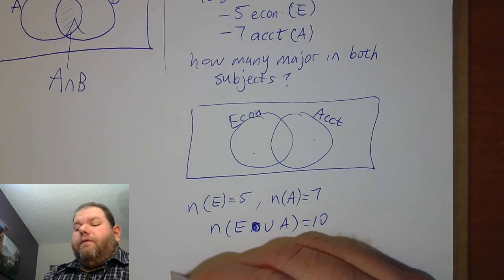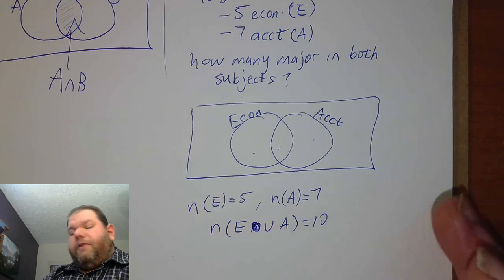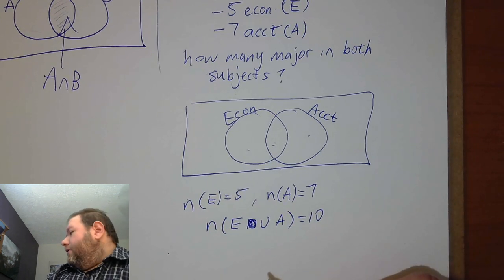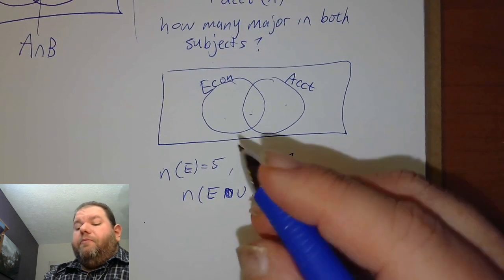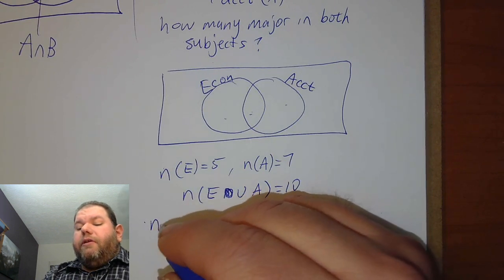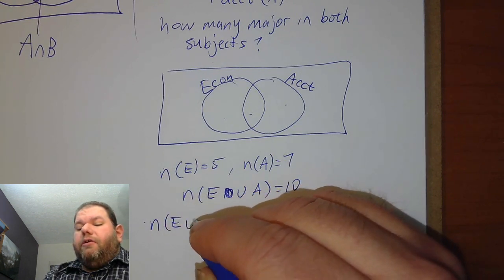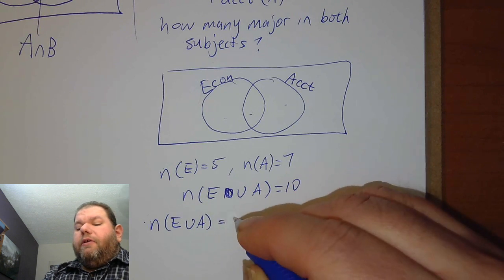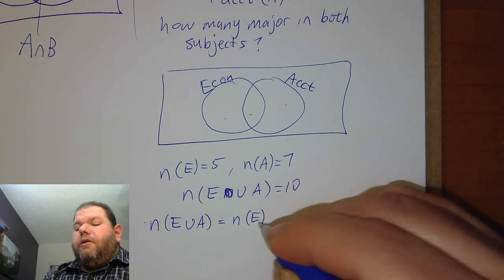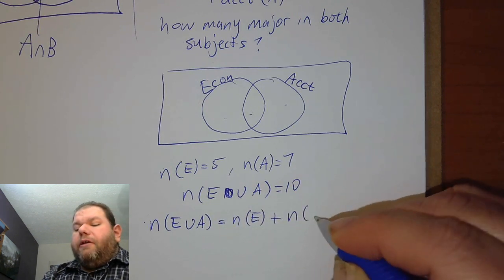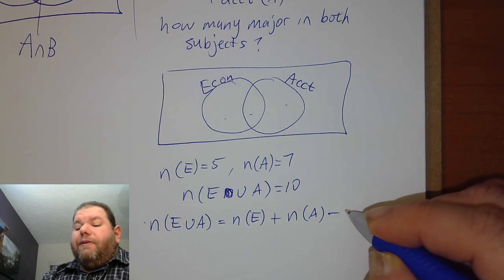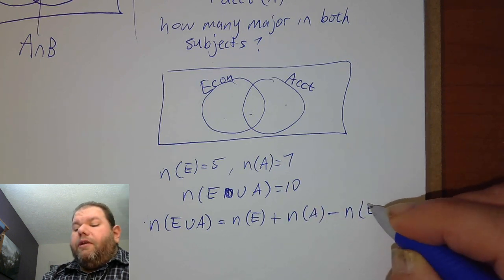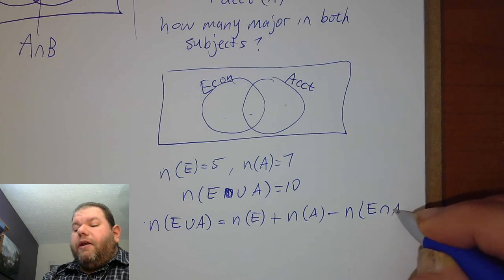So our formula says, I moved it up, I'm sorry, that N of E union A is equal to N of E plus N of A minus N of E intersect A.